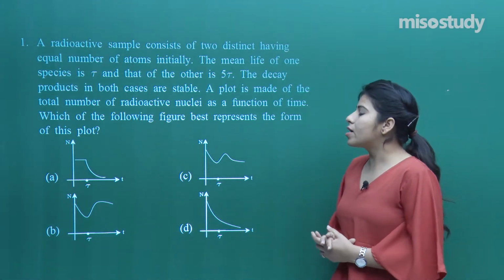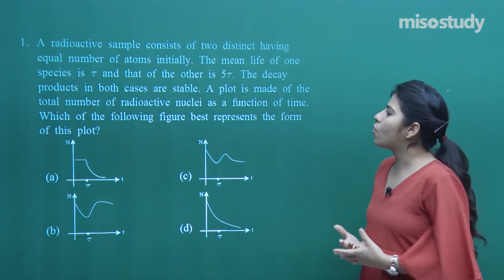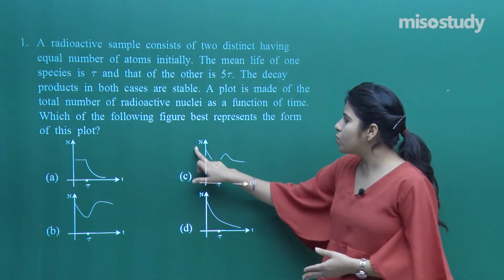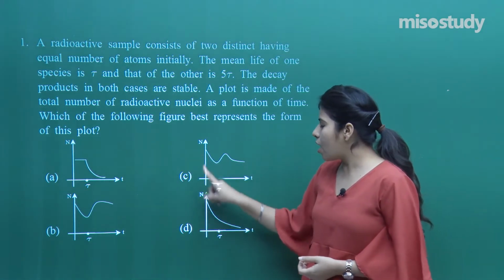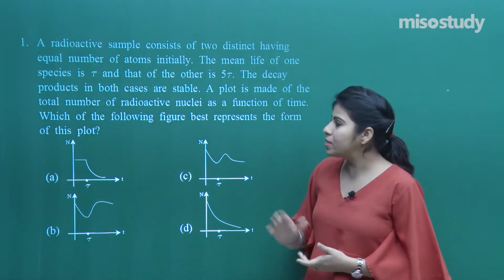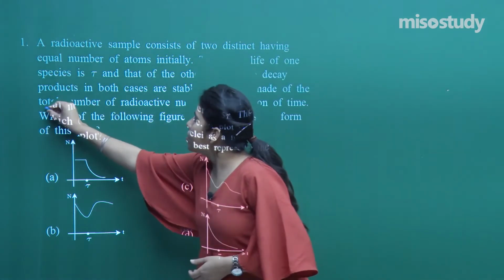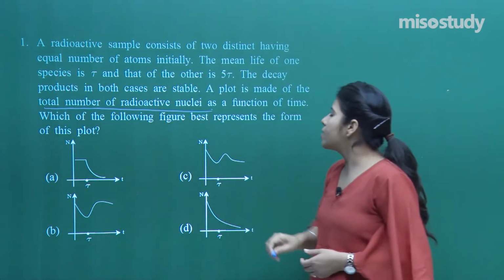The decay products in both cases are stable. So a plot is made of the total number of radioactive nuclei, that is N. You can see that N has been written over here. So N is nothing but the number of radioactive nuclei.